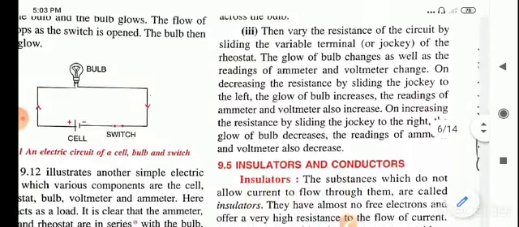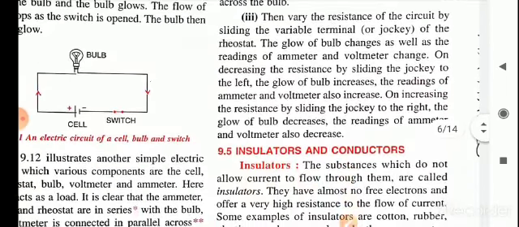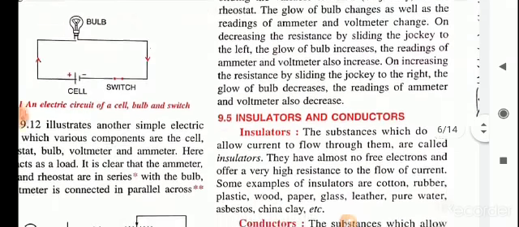On decreasing the resistance by sliding the jockey to the left, the glow of the bulb increases. The readings of the ammeter and voltmeter also increase. On increasing the resistance by sliding the jockey to the right, the glow of the bulb decreases. The readings of the ammeter and voltmeter also decrease.